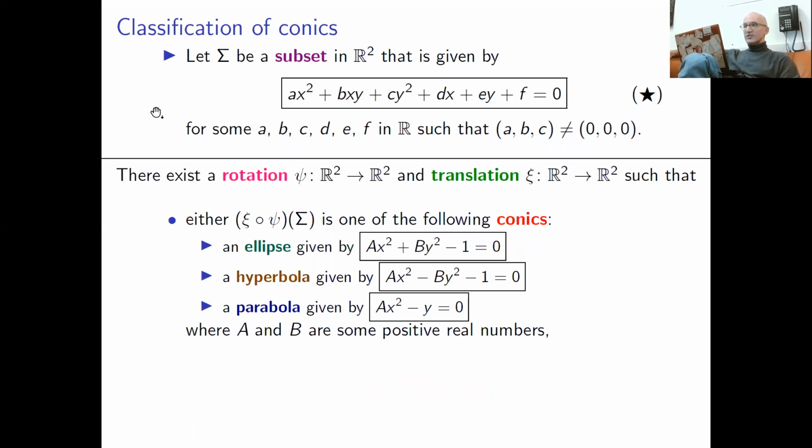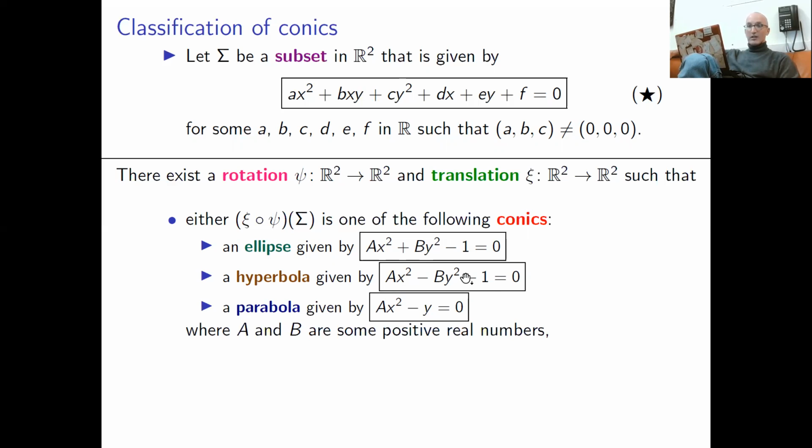The answer is usually called the classification of conics in the plane. Basically, if you have any subset in the plane given by a polynomial equation of degree 2, then there exists a rotation and translation such that the image of your subset after rotation and translation is one of the following types. Either it is an ellipse, which is given by this equation. Here, A, B are positive real numbers. Or it's a hyperbola, given by this equation.